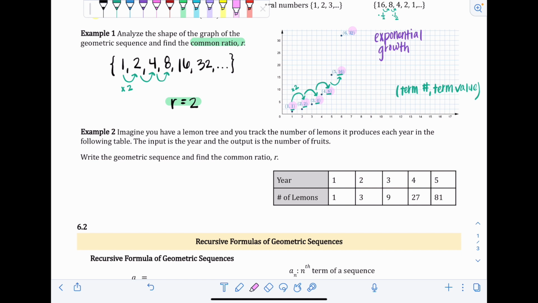The tops of our table are always going to be, without any context, the term number, even though this gave it a bit of context. In this case, our term number is year 1, year 2, year 3, and so on. And the bottom of our table, the output, is always going to be the actual value of the terms from the sequence.